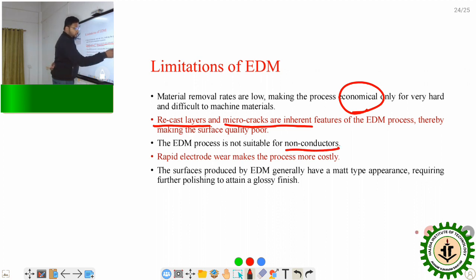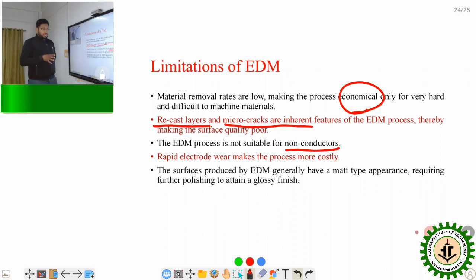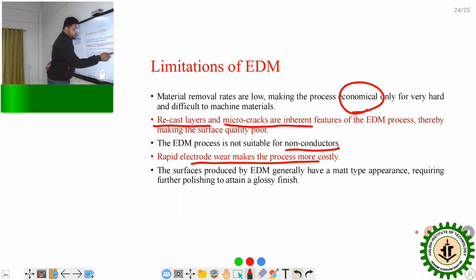The EDM process is not suitable for non-conductors because in this case the electron flow will not occur. For example, if we use a ceramic material, we cannot do the EDM process. Rapid electrode wear makes the process very costly. In the case of ECM, the electrode wear is not very prominent, but in EDM the electrode wear is very prominent.